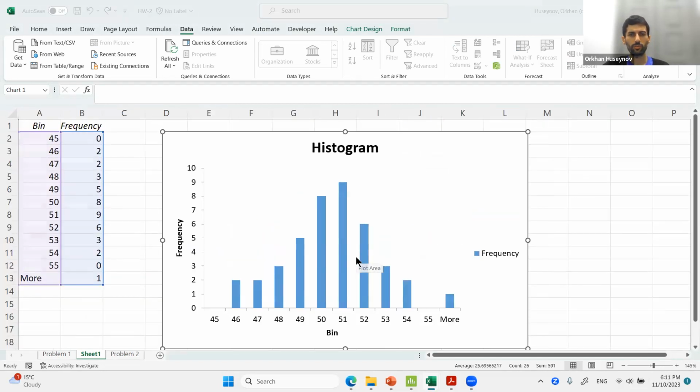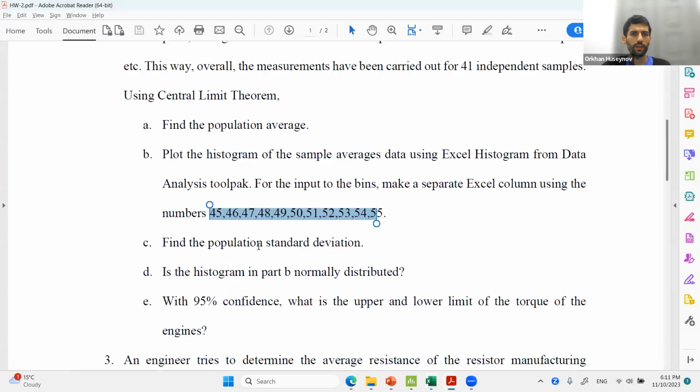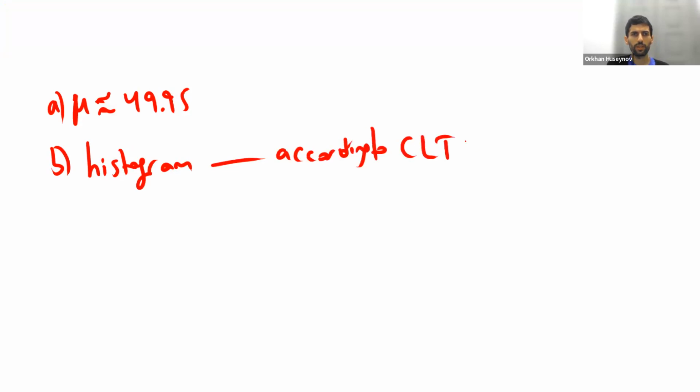This is the histogram of it. So before moving on from the histogram, it must be, according to the central limit theorem, a normal distribution.